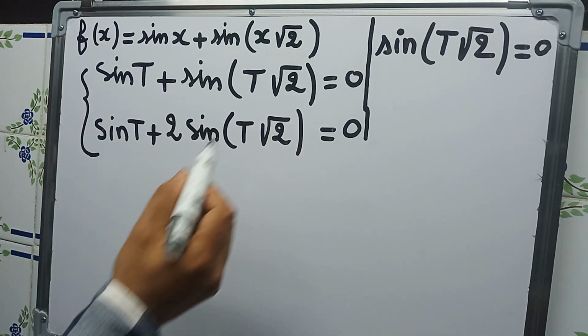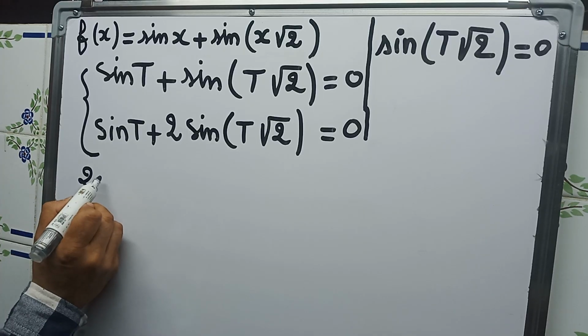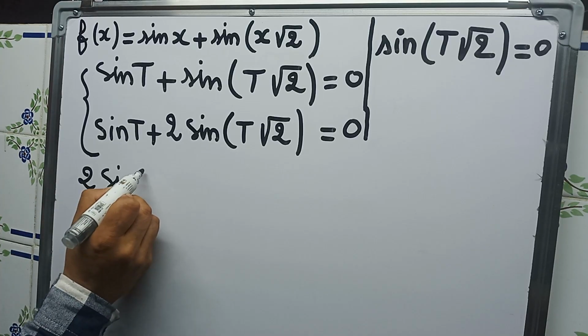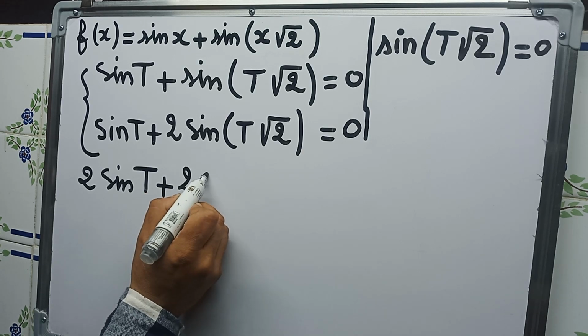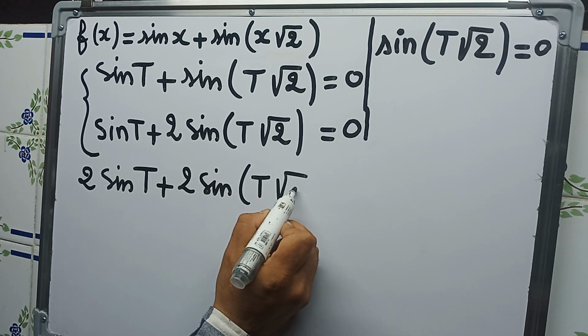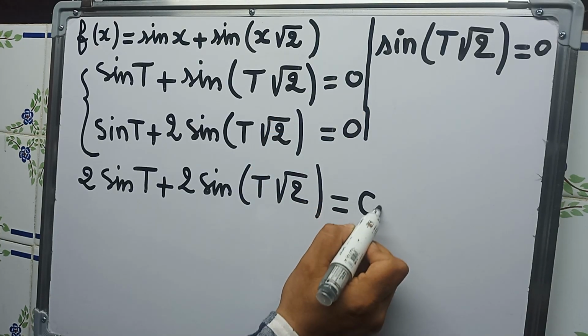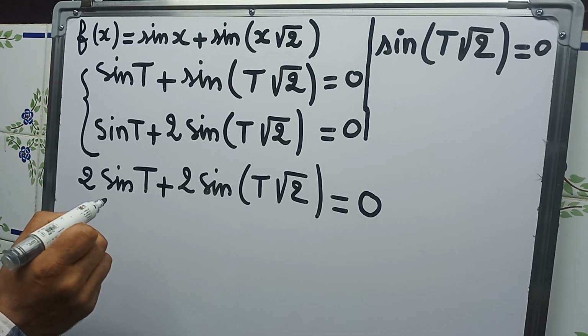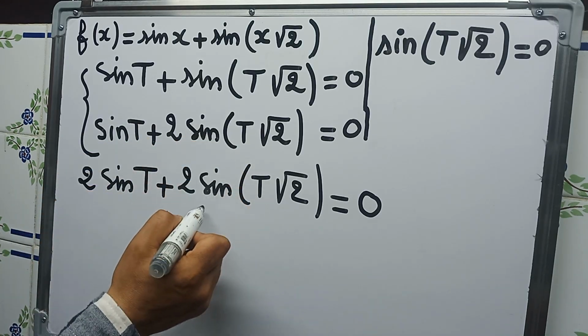Now multiplying the first equation by 2, we will have 2 sine of t plus 2 sine of t square root of 2 is equal to 2 times 0, which is 0. And if we subtract the second from the first, this term will just cancel.